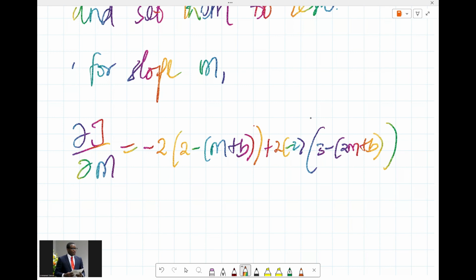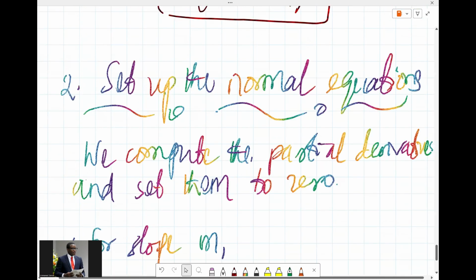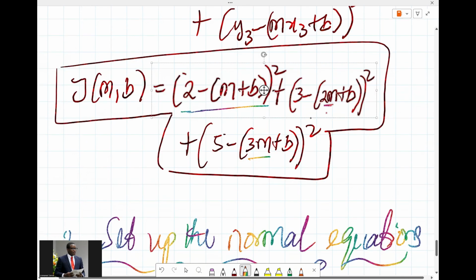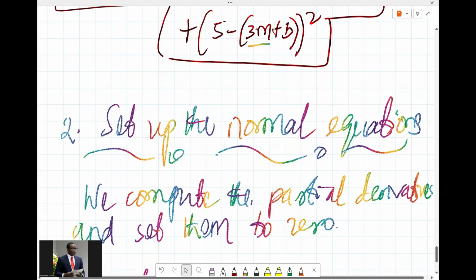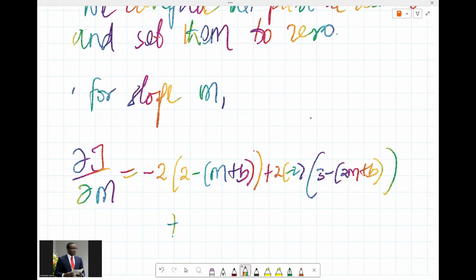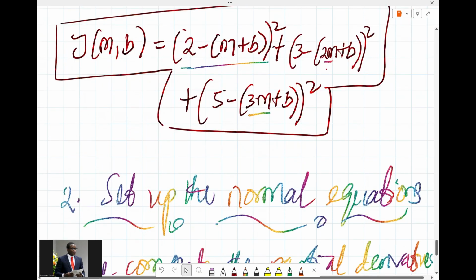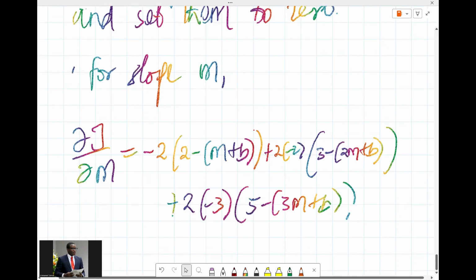For the last part, we differentiate with respect to m, so we have plus the 2 that comes down multiplied by minus 3 into 5 minus (3m plus b). With that, I think we are good to go.